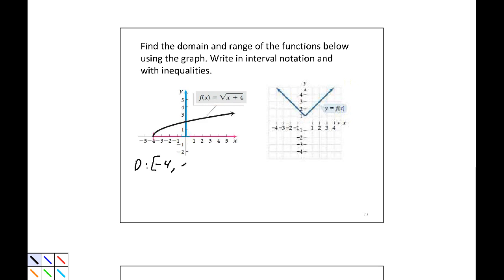Okay, so we are going to use positive infinity with a parenthesis, of course. So we would say this is the x such that x is greater than or equal to minus 4.